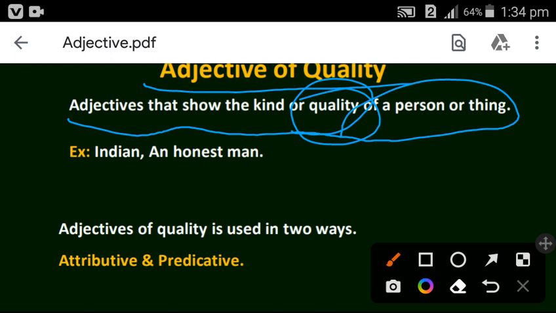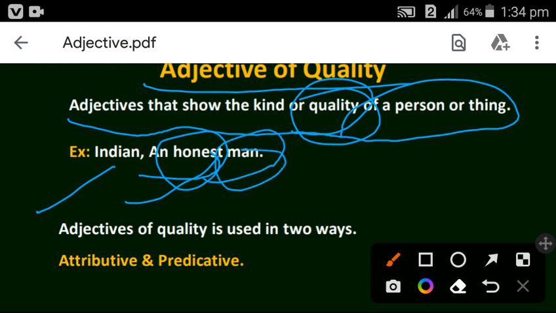So come to this topic with an example, that is, an honest man. What meaning does "honest" hold? Here honest tells about the man.